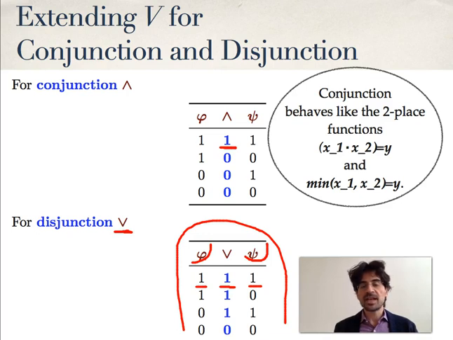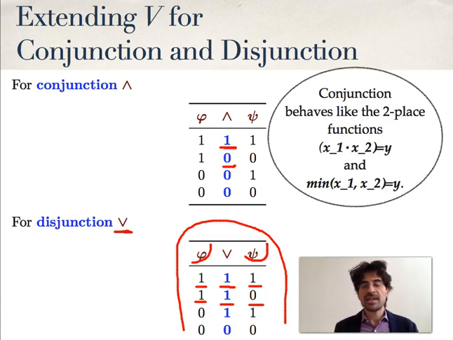The difference is that if we have assigned value 1 to phi and value 0 to psi, the truth value for the disjunction of phi or psi is 1, whereas in the case of conjunction it was 0.